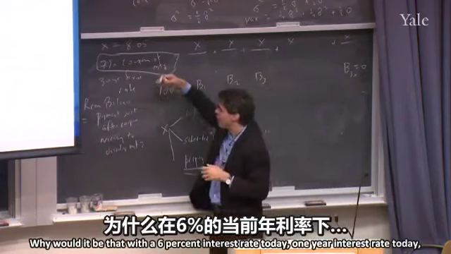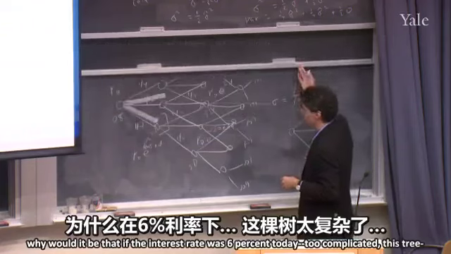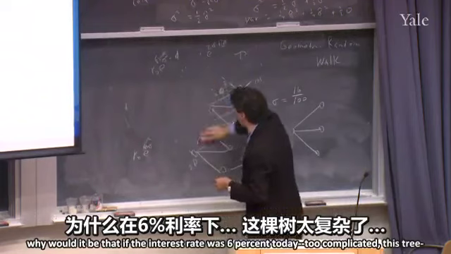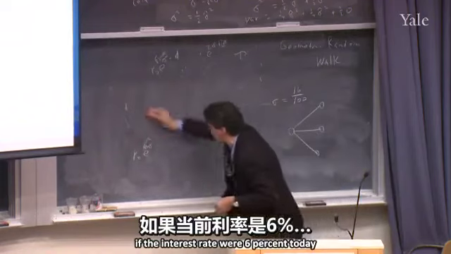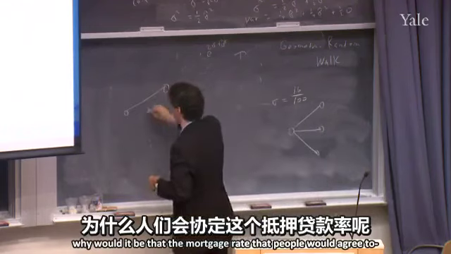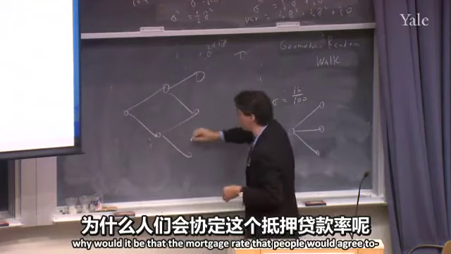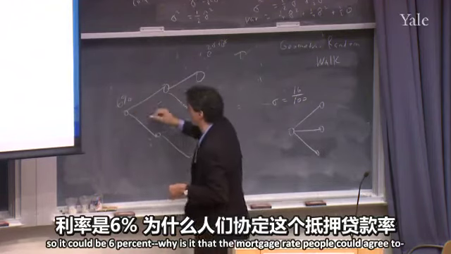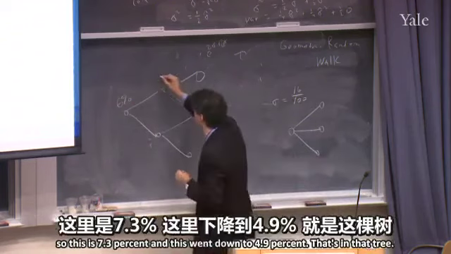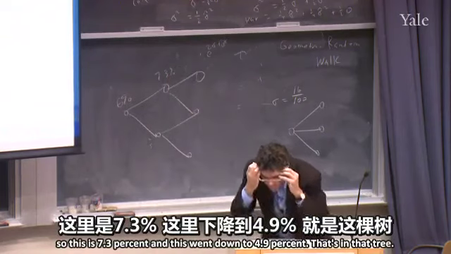So suppose the interest rate is 6%. Why would it be that with a 6% one-year interest rate today, the mortgage rate that people would agree to could be 7.3%, and this went down to 4.9%?